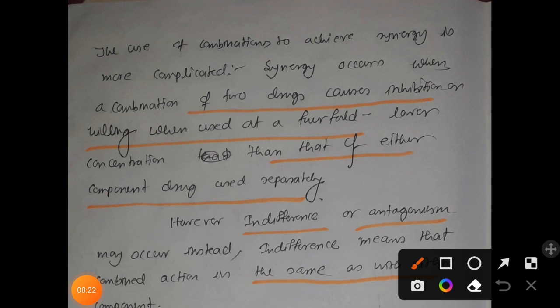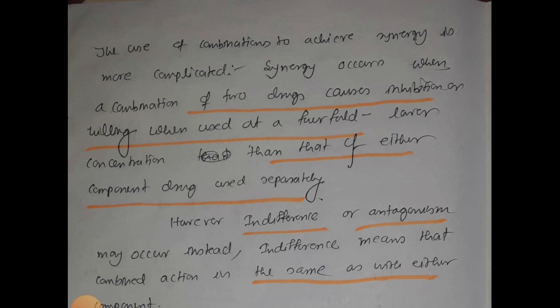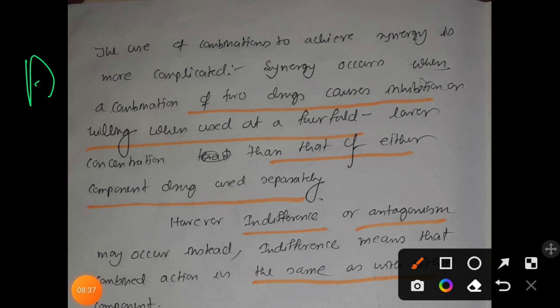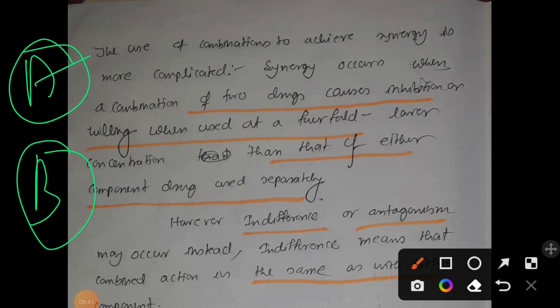That means synergism occurs when a combination of two drugs causes inhibition or killing when used at a 4-fold lower concentration. That means suppose we are using A as an antibiotic, B as an antibiotic individually or separately.